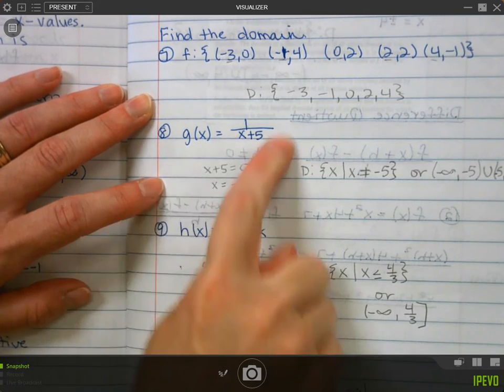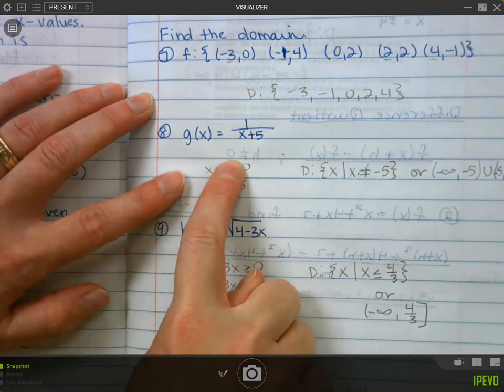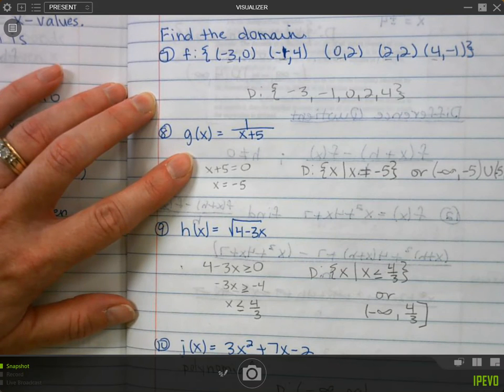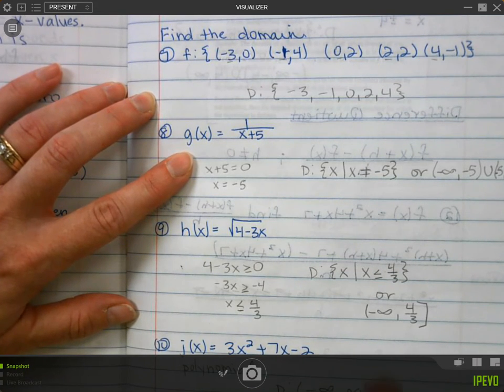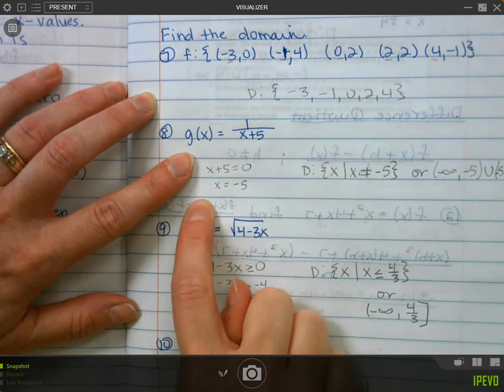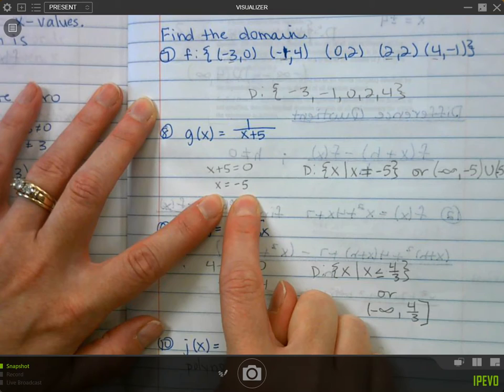All right, if I give you something that looks like this, your thought is, does it fit one of the 2 restrictions? Does it have a variable in the denominator? Does it have a variable under a root? In this case, yes, we have a variable in the denominator. So take your denominator, set it equal to 0, solve, and we get x is -5.